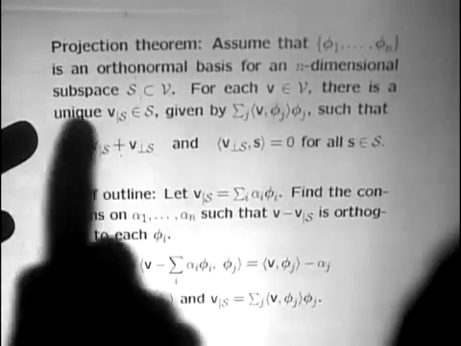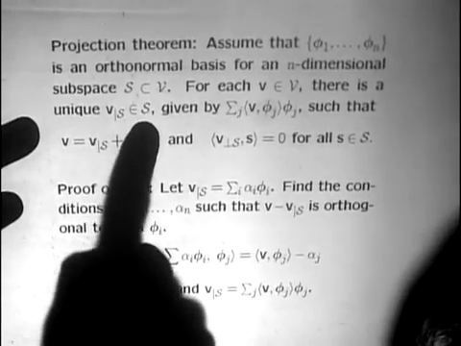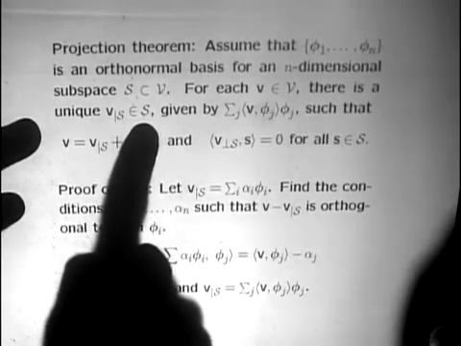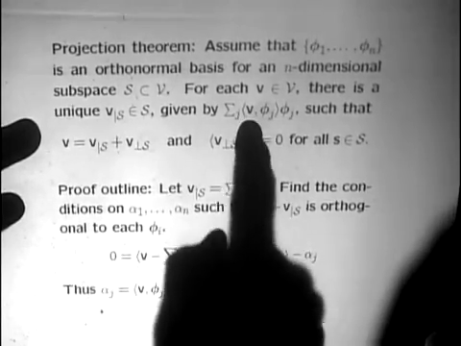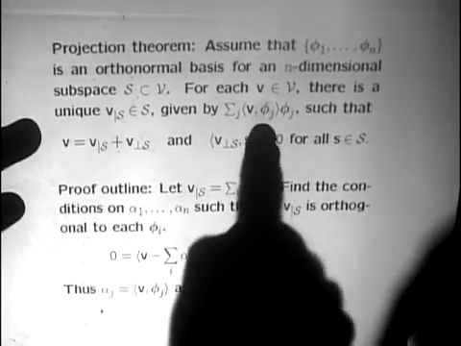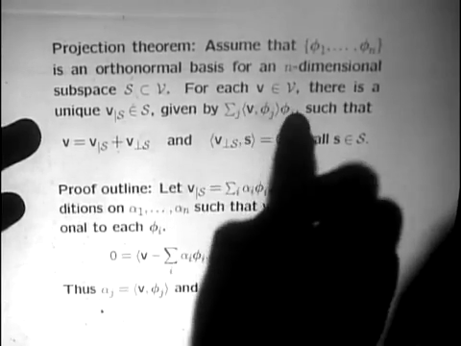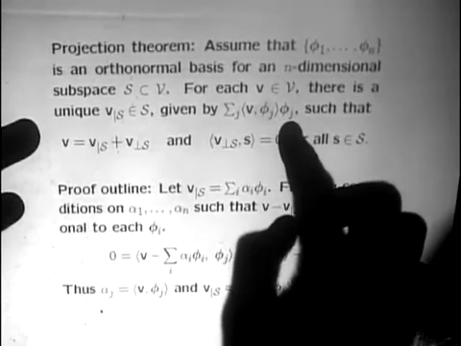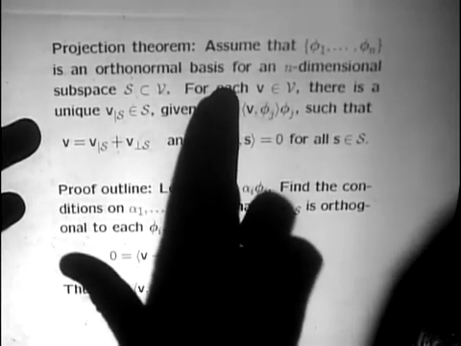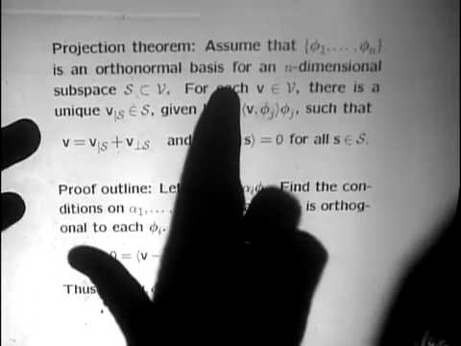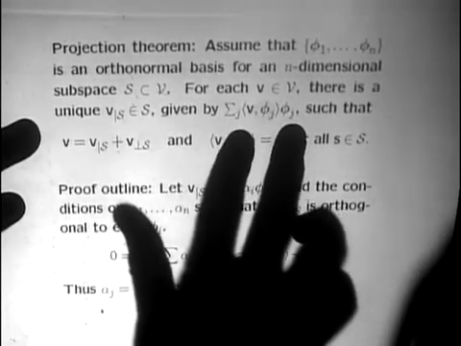It says there's a unique projection in the subspace S, and it's given by the sum over j of the inner product of V with each of those basis vectors, that inner product times phi sub j. For the case of a one-dimensional vector, you take the sum out, and that was exactly the projection we had before, right? Now we just have the multidimensional projection.